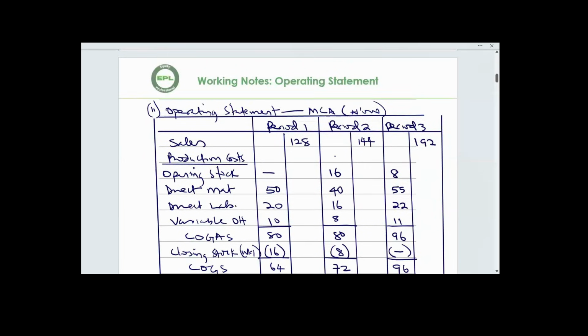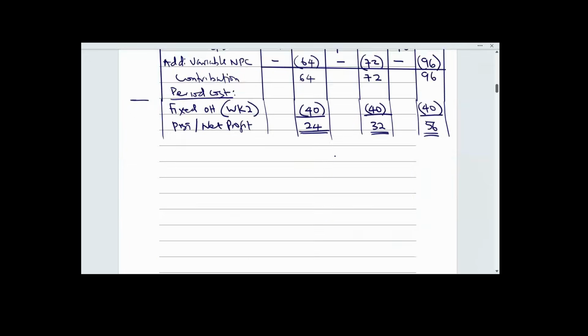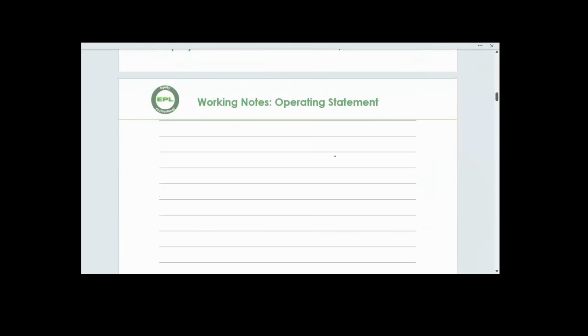Now that you have computed the operating statement using marginal and absorption, let's prepare the reconciliation statement. In the B part of the question, the examiner is asking you to comment on the difference of the two profits as regards stock valuation and period profits.